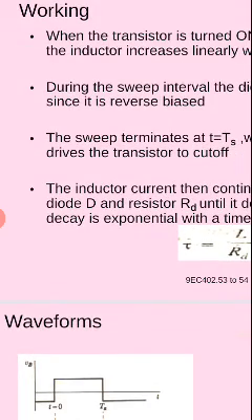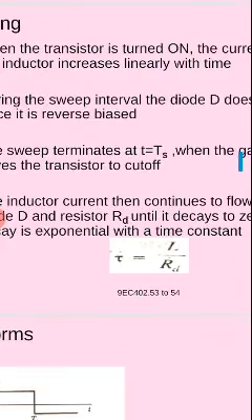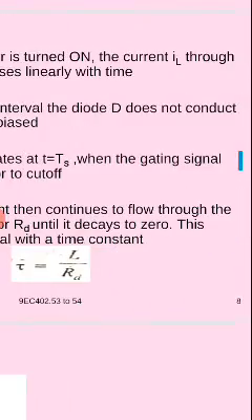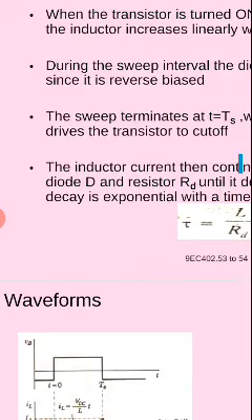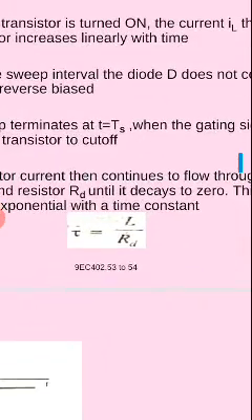The inductor current then continues to flow through the diode D and resistor RD until it decays to zero.